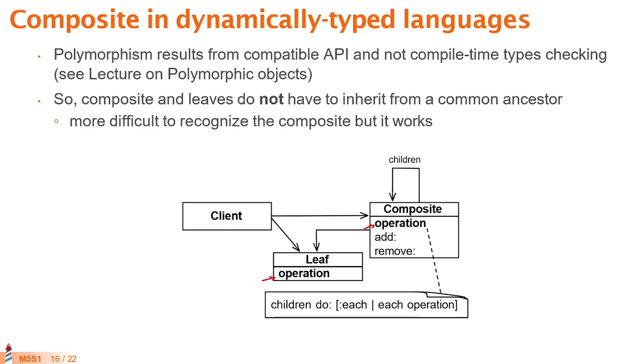So I can send the message operation to both leaves and the composite elements, and it will work perfectly. Of course, not having a common superclass, it is not possible to share code between the leaves and the composite, and it is more difficult to recognize the composite design pattern.